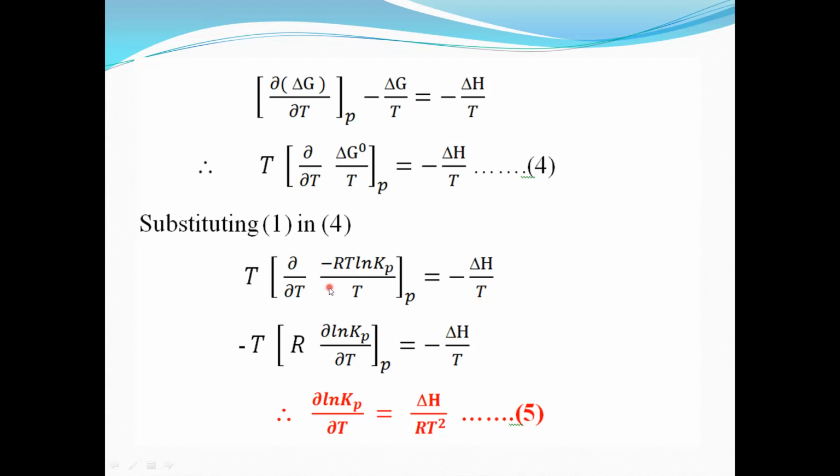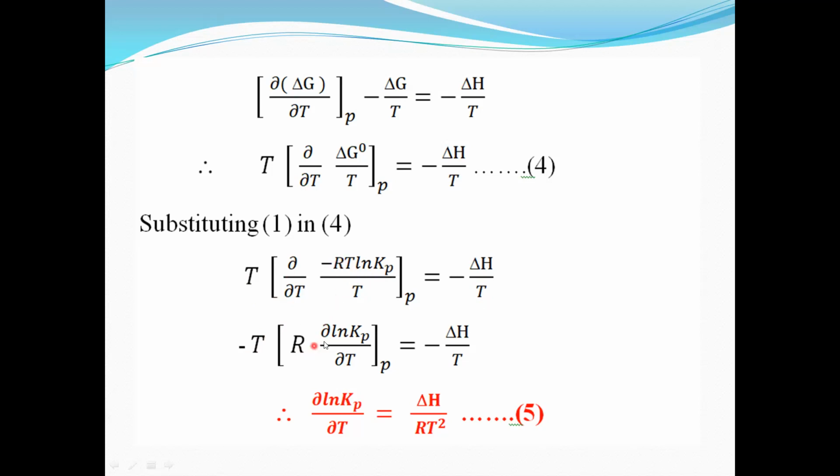Now take this minus outside the bracket, so it becomes minus T. R is also constant, so here we have written R, and what remains is the partial derivative of ln of Kp with respect to T. This T and this T get cancelled, and this R we have taken outside the derivative.